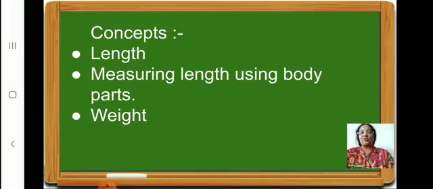Children, now we have learned the concept of length. Now we are going to learn the concept of measuring length using body parts. Children, we can use our body parts to measure length of any object. Okay?